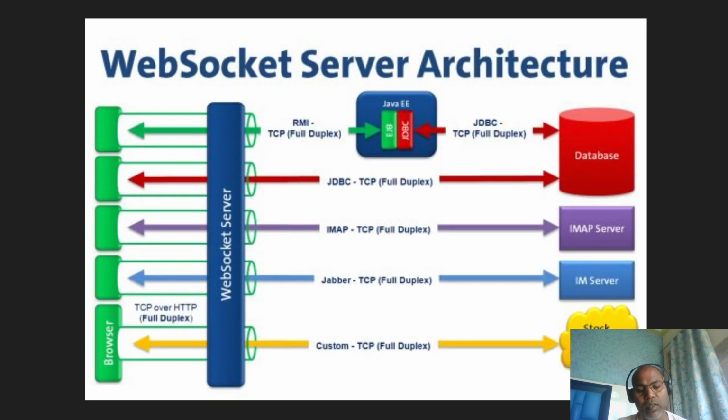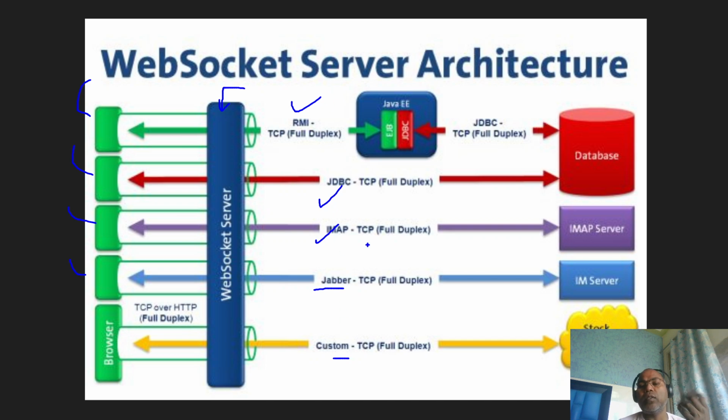In simple terminology, here multiple browsers can connect with a WebSocket. Our WebSocket server can provide communication with different backends, maybe an RMI connection, a JDBC connection, an email server connection, a Java connection, or a custom connection.